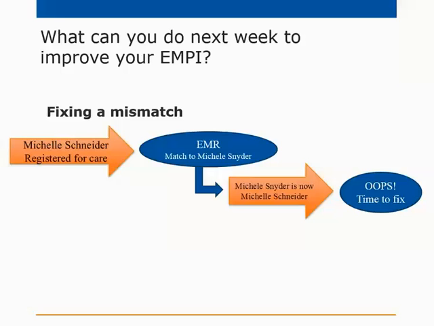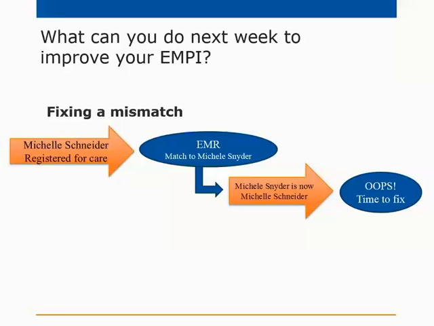So what happens is now Michelle Schneider is the one that was just registered, and it actually just overwrites Michelle Snyder. So now I've changed the history for poor Michelle Snyder. Her name has changed, and the alias is now Michelle Snyder. So that's a little bit confusing, but you need to understand and really think about the fact that that's what you're doing.